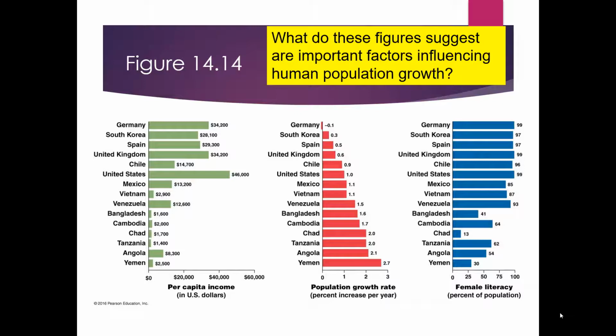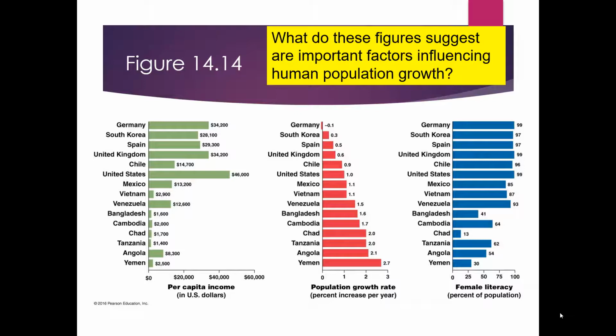This is what I talk about, that sometimes it's more than a biology problem. It's a sociology problem. And it's an economic problem. In the countries that seem to have a higher income, and you would expect a higher standard of living, you see the population growth slowing. But in your poorer countries, that's where you have lots of population growth.